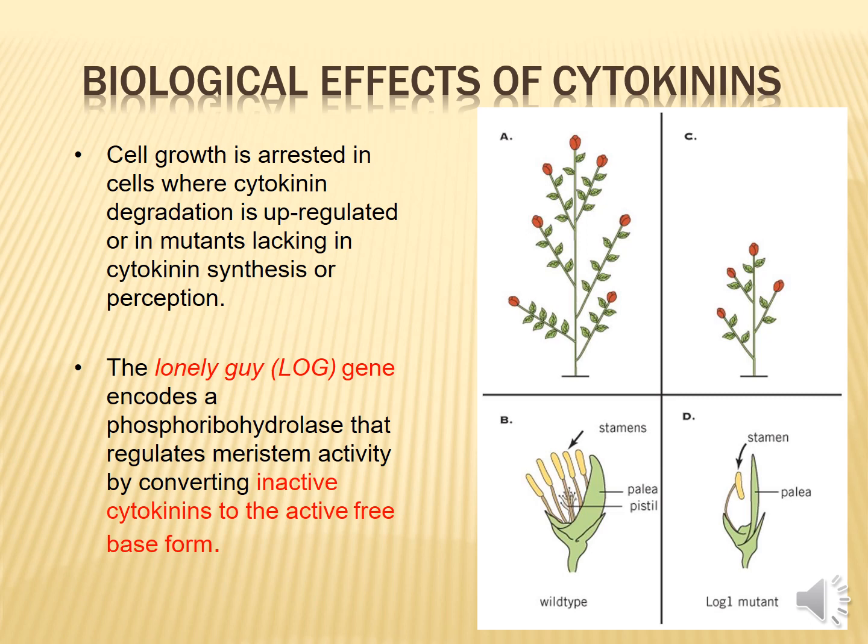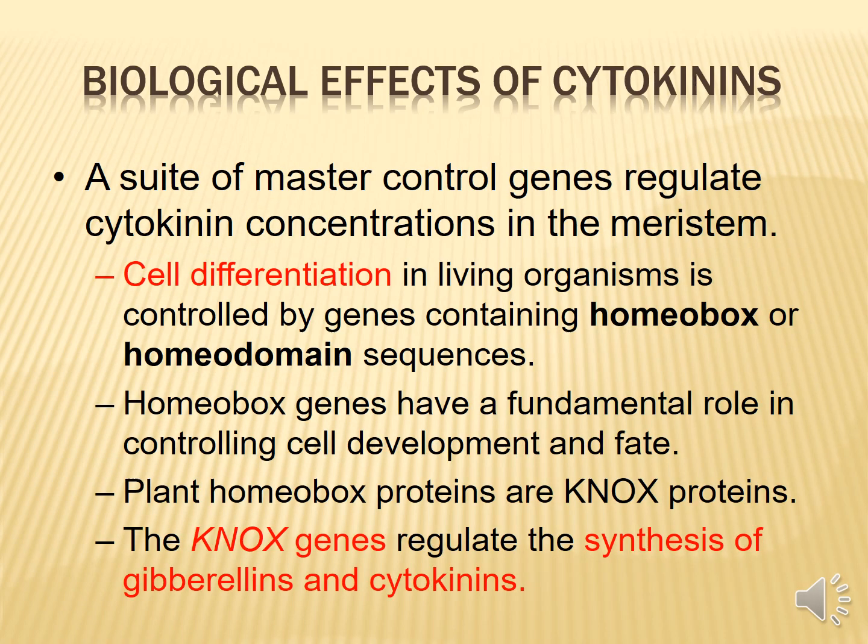This LOG gene encodes a phosphoribohydrolase that regulates meristem activity by converting inactive cytokinin to the active base form, so the inactive cytokinin becomes active cytokinin in order to regulate the shoot meristem. Because of that, it is also involved in maintaining the shoot meristem through cytokinin.